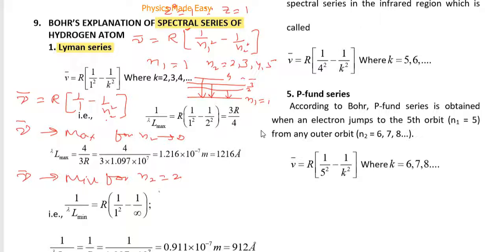In this way, nu bar minimum value will be R into 1 divided by 1 minus 1 by 2 square, which is 1 by 4. So this nu min is equal to 3R by 4.